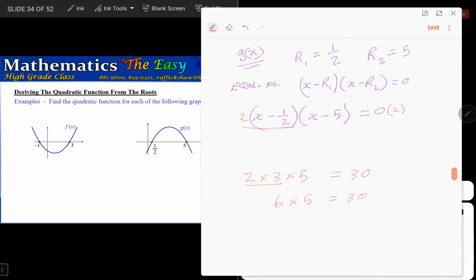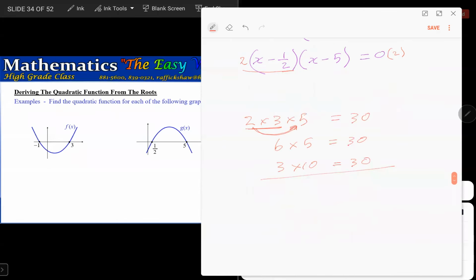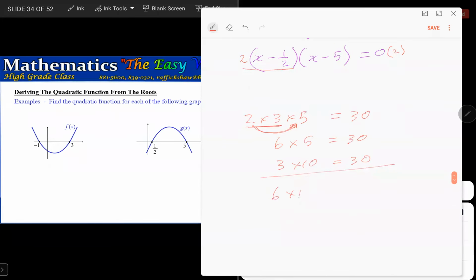Or I can put the 2 with the 5 and make it 3 times 10, which is still 30. So either I do the 2 with the 3 or I do the 2 with the 5. I cannot do both. If I do both of them, I make it 6 times 10, that will be 60, which is wrong.